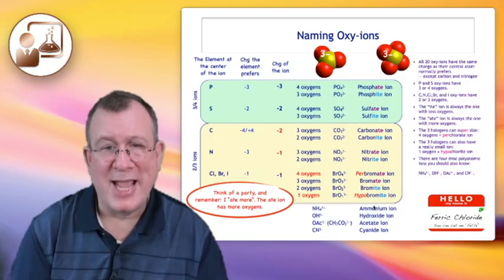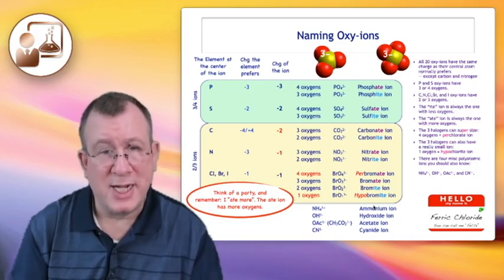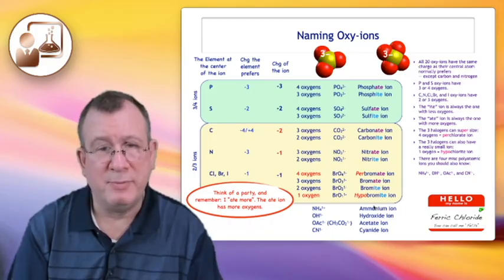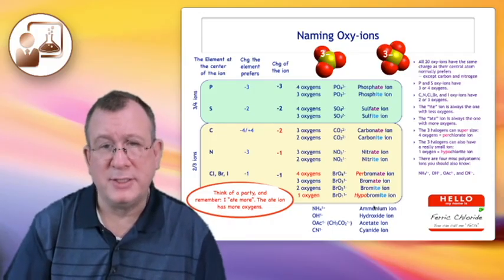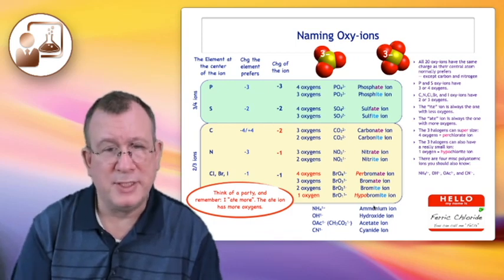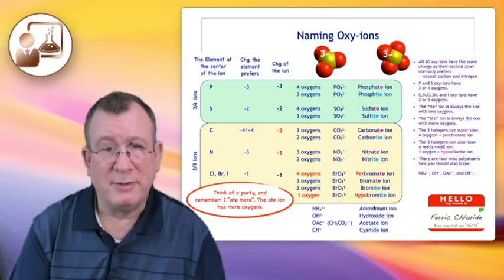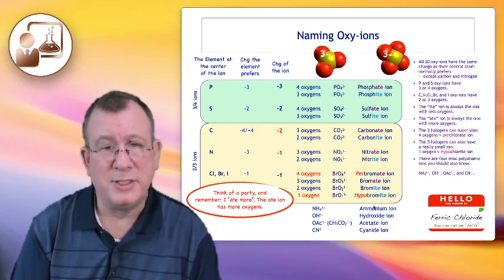Phosphide ion has the charge of 3-, and therefore the polyatomic ions, the oxyions of phosphorus, also have a 3-. Sulfur has a 2-, sulfide, and therefore the oxyions of sulfur also a 2-. Chlorine, bromine, iodide all have a 1-, and their oxyions all have a 1- charge.